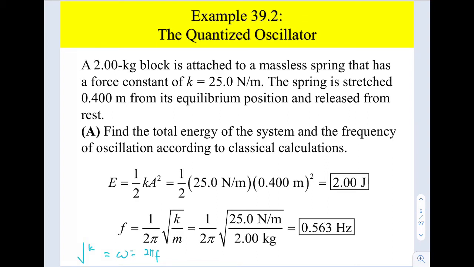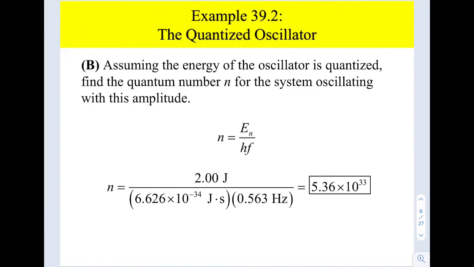And omega itself is the square root of K over M. Okay, so if our interest is to figure out the frequency, now substitute everything, you will get 0.563 Hz.